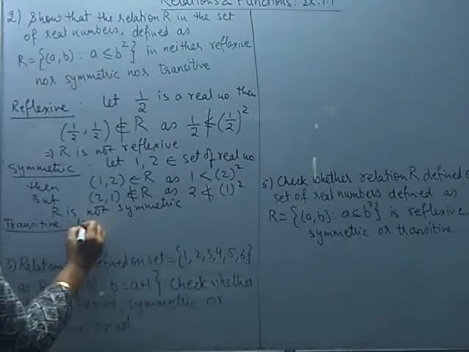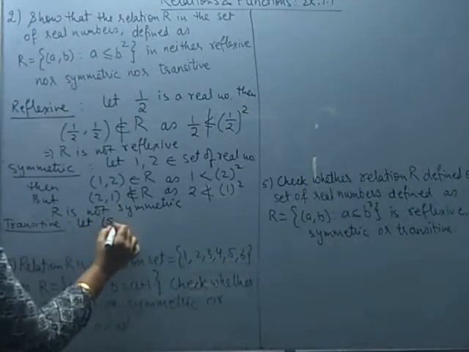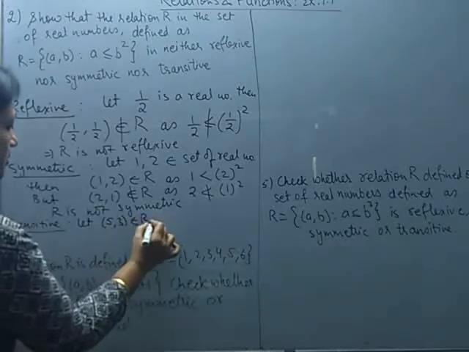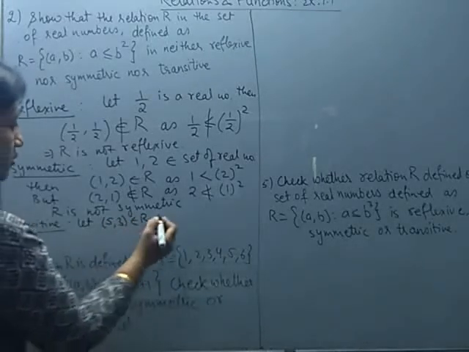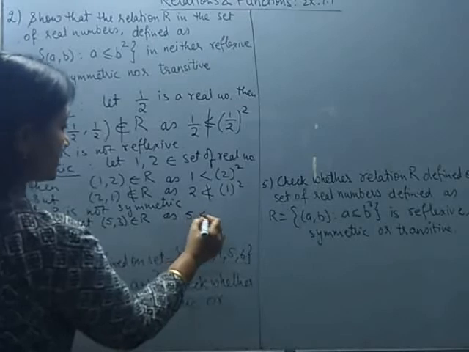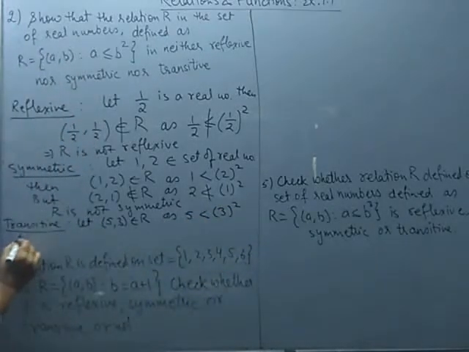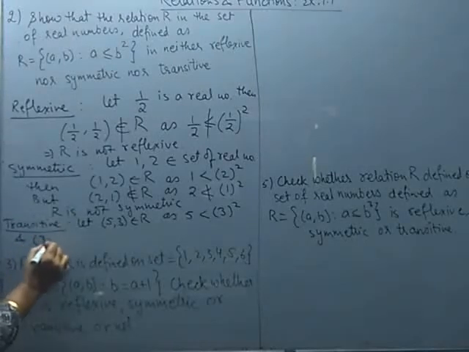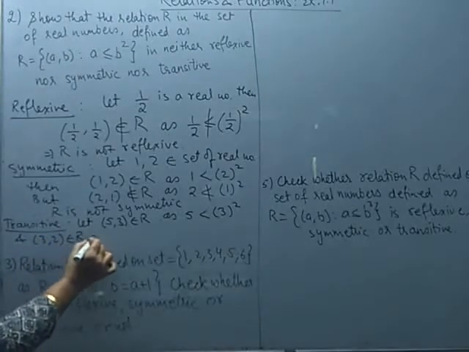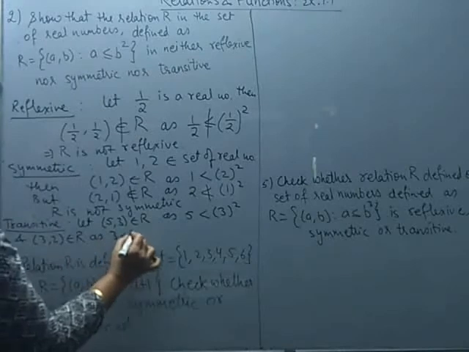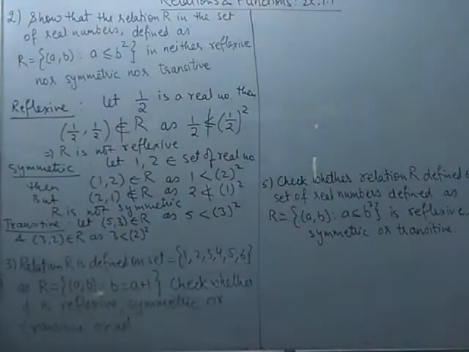Let (5, 3) belong to R. You can see it will belong to R as 5 is less than square of 3. Okay. And the other pair, let me assume (3, 2) belongs to R, as 3 is less than square of 2. See, these two conditions are met.